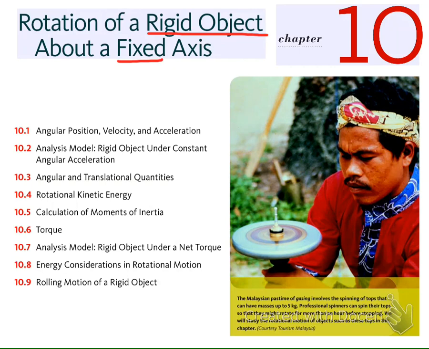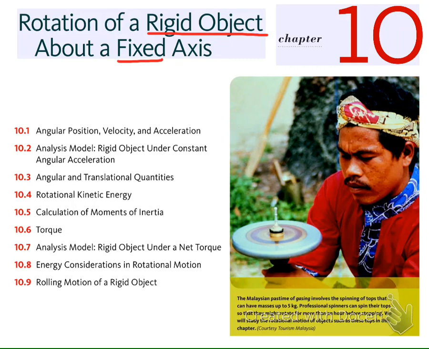The spinning of the top can be considered as a rotation of a rigid object about a fixed axis if this axis of rotation does not move, and the top can be considered as a rigid object. So we will consider the motion of this kind.